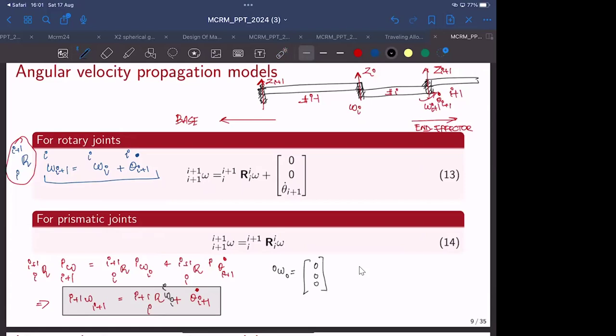And what would be the angular velocity of the first link? 1 omega 1 would be, as per this equation, if I is 1, that'll be 1 R0.